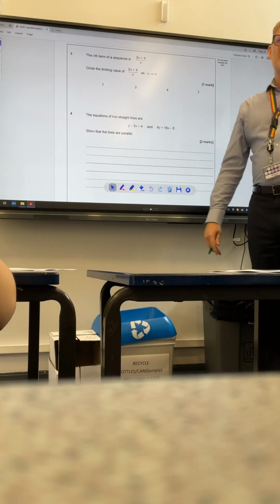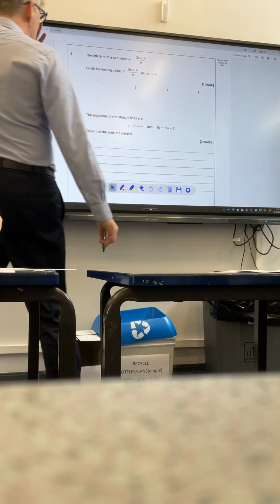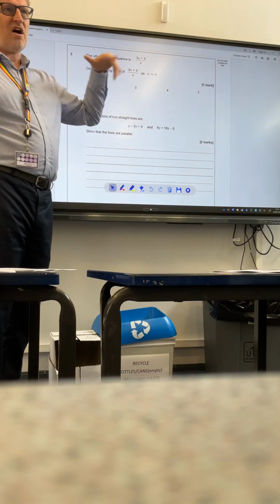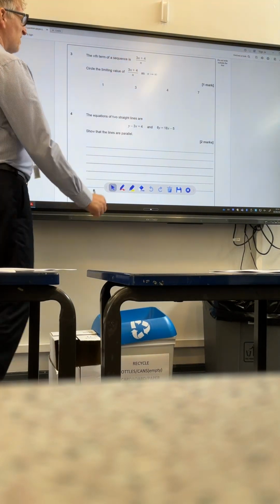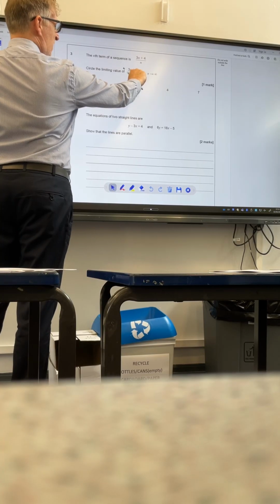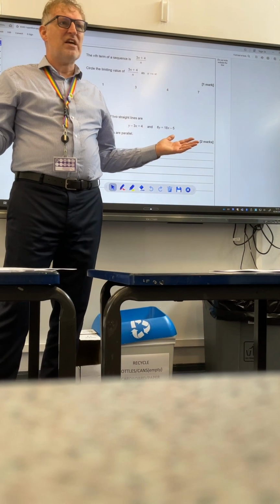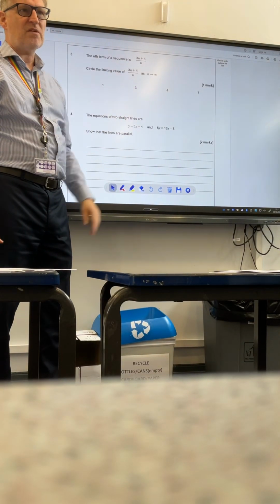First non-GCSE topic, so this is limiting sequences. What we're looking for here is, can we cancel down? We're just interested in the highest powers, and because they're both linear, it's quite a straightforward one. That 4, as n goes to infinity, becomes virtually nothing. If n was a billion, 3 billion plus 4, who cares about the plus 4?